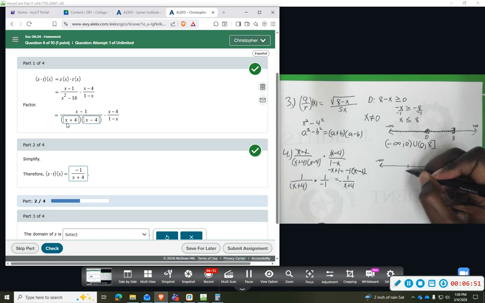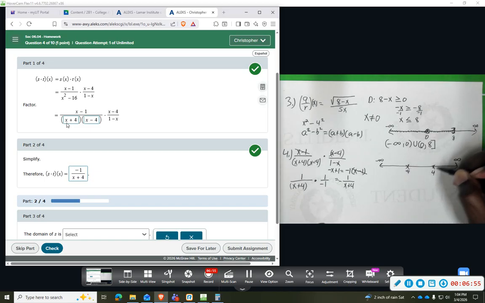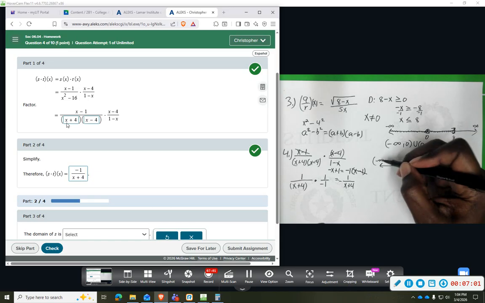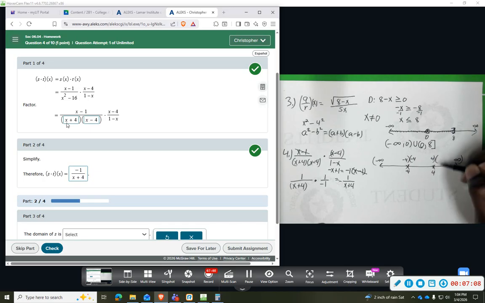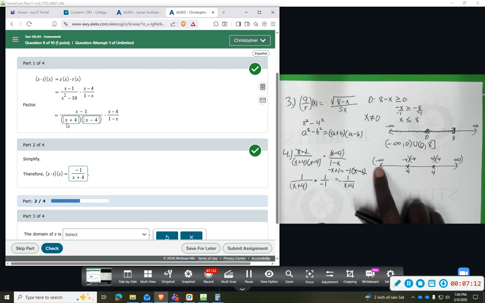Negative 4 is going to get removed, and also positive 4. So that splits your number line into 3 sections. Okay, negative infinity to negative 4, the other side of negative 4 to positive 4, the other side of positive 4 to positive infinity. So these are how my domain is going to be.